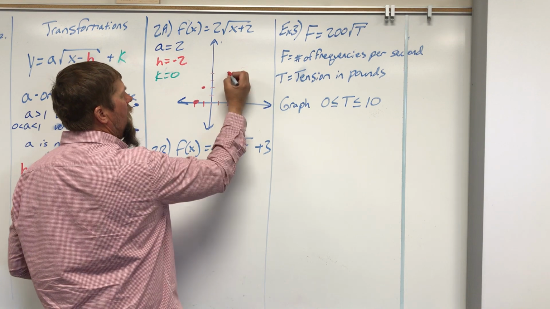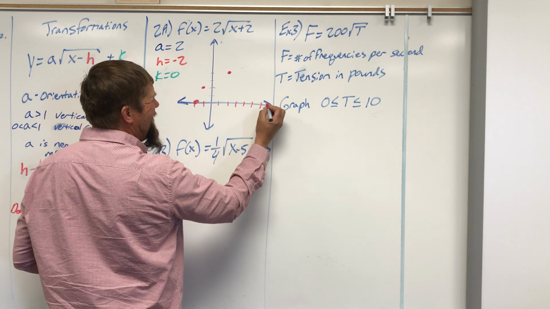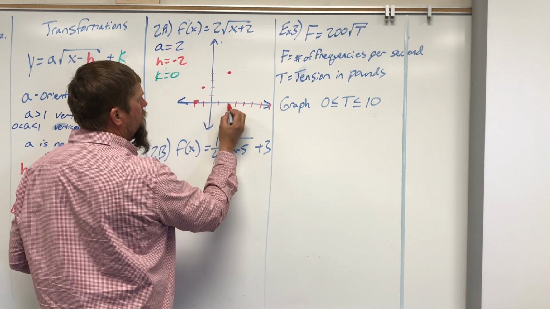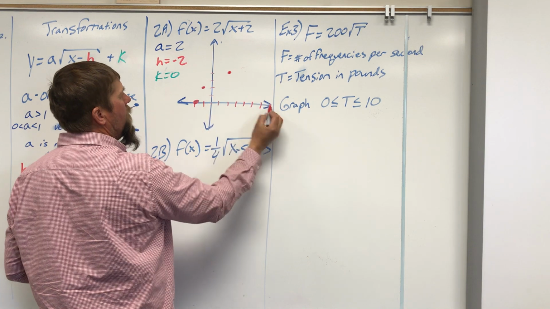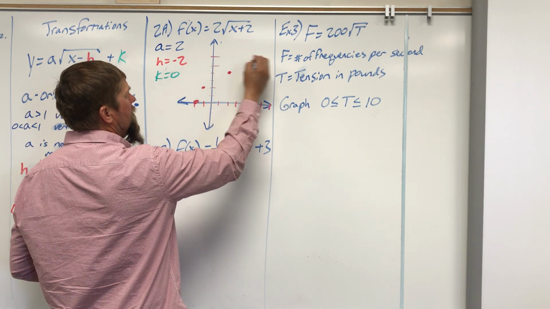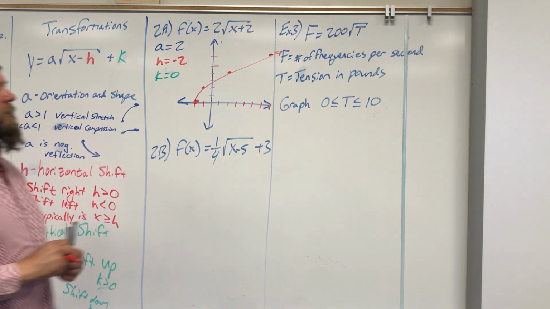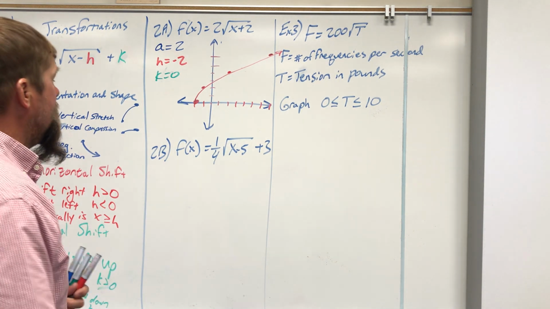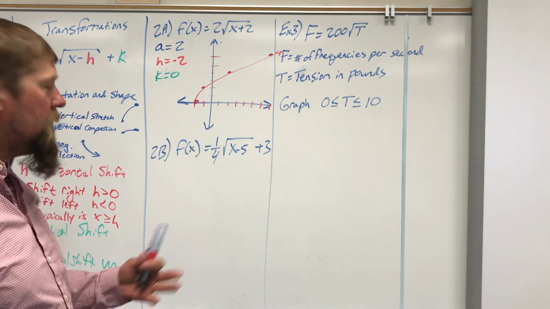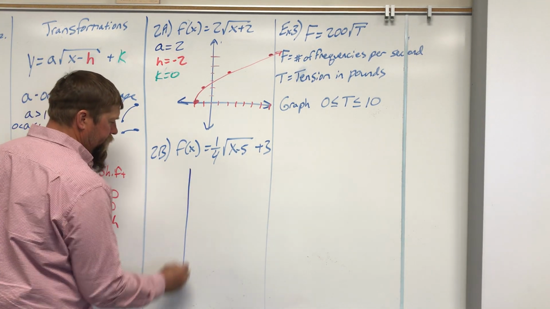So it's over 4 up 4. Over 9 up 3, but we're going to go over 9 up 6. And it's going to look like this. Okay, so graphing using transformations is very simple if you understand the transformations. You can always make a table, make a graph that way, but this tends to be quicker.